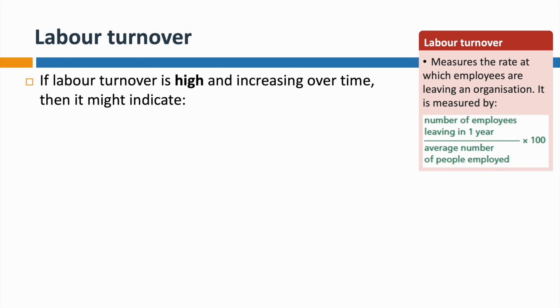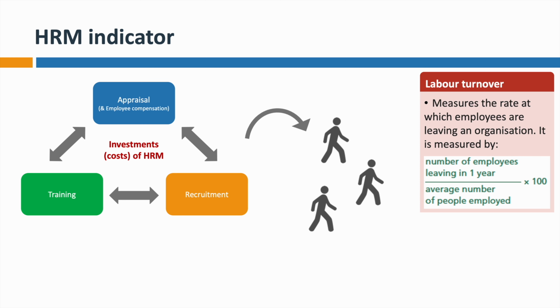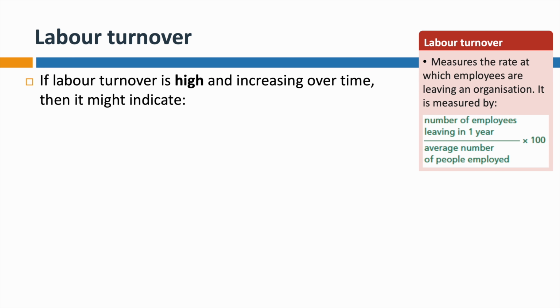If labor turnover is high or increasing over time, then it might indicate some things. It's basically going to mean that more employees are leaving in that 1 year. And think about the previous slide. Remember, we are investing into those employees. We don't want them to leave. So the higher the labor turnover, the actually worse for the business. And it might indicate some problems that the business is facing.